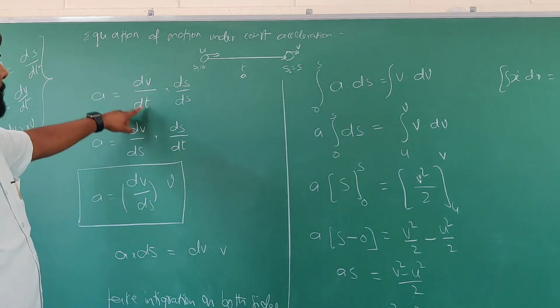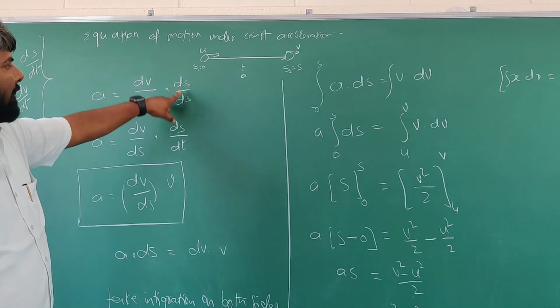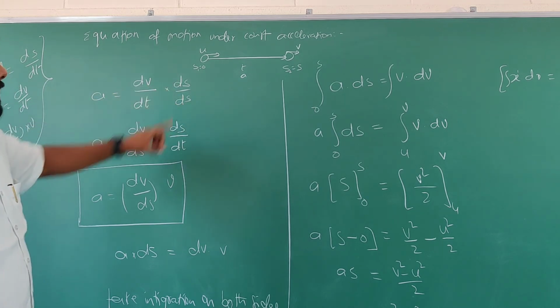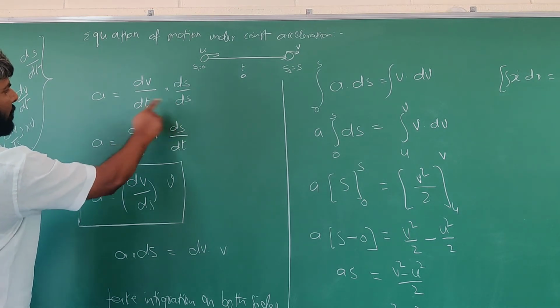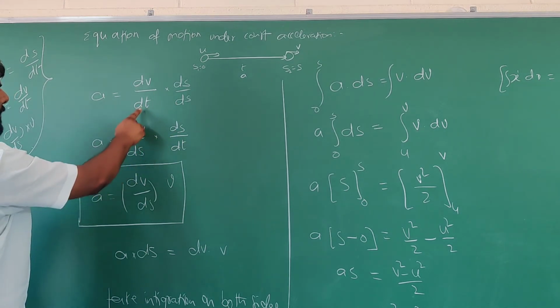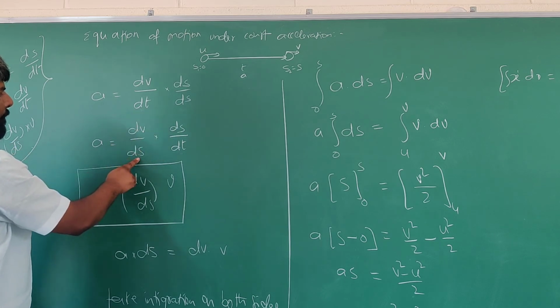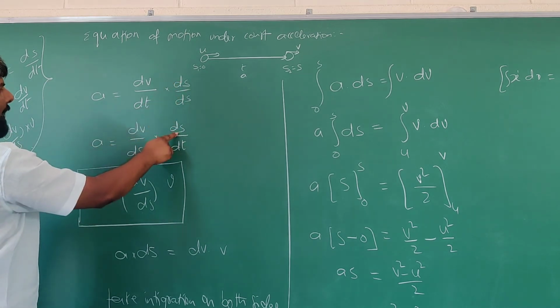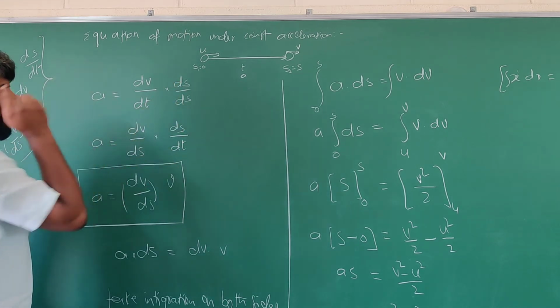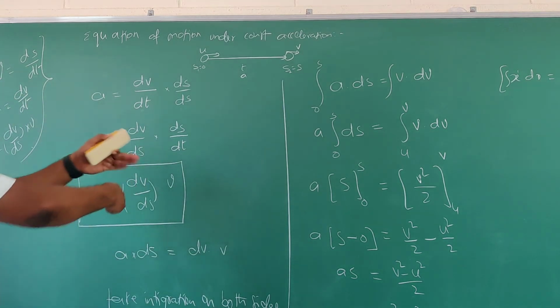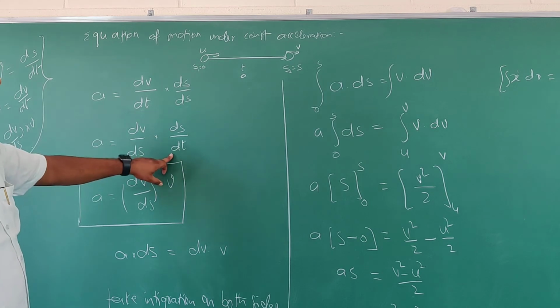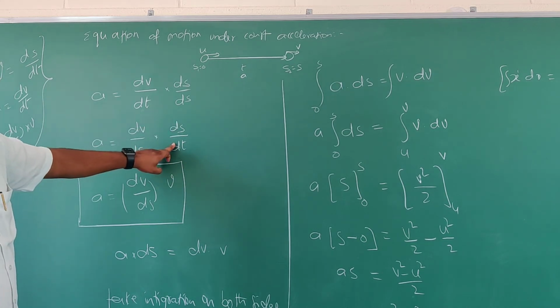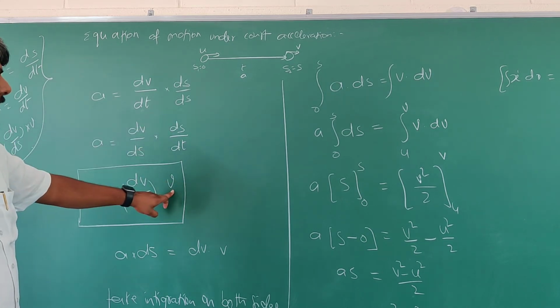That's why I am writing dv by dt into ds by ds. Now I am interchanging these two: dv by, in place of dt I am writing ds, into ds by, in place of ds I am writing dt. Simple. For simplification I interchange. dv by ds as it is. ds by dt means change of displacement with time, which is nothing but velocity.